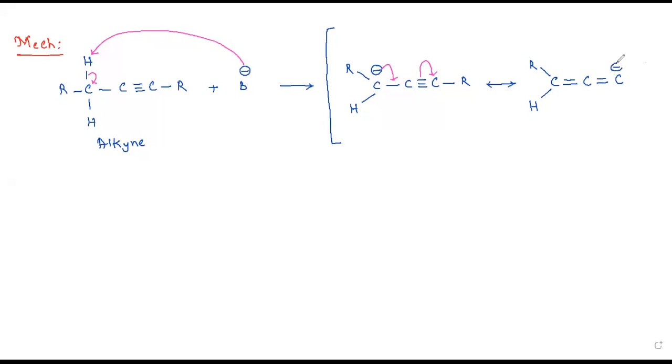This is where we get the negative charge, of course with the base that has abstracted H+. Now this is how the carbanion is resonance stabilized.